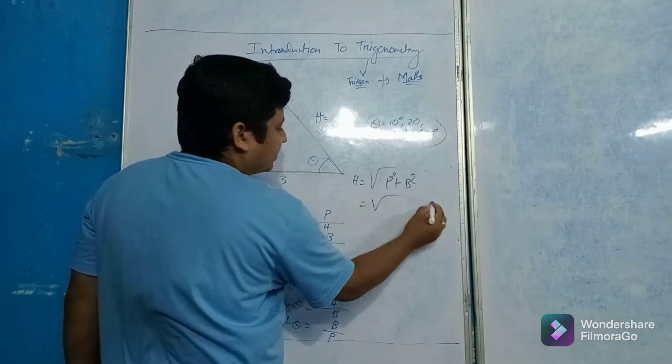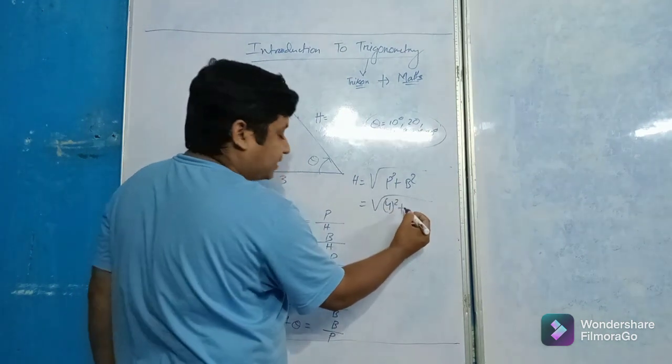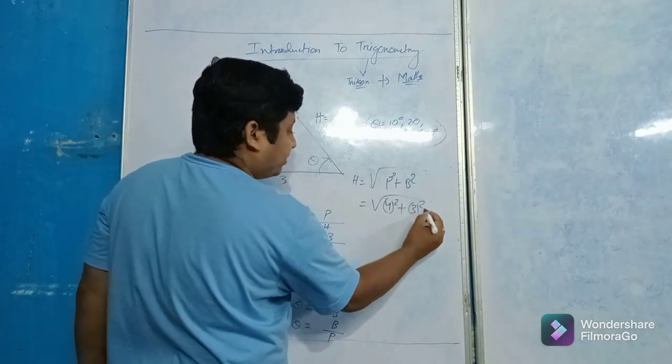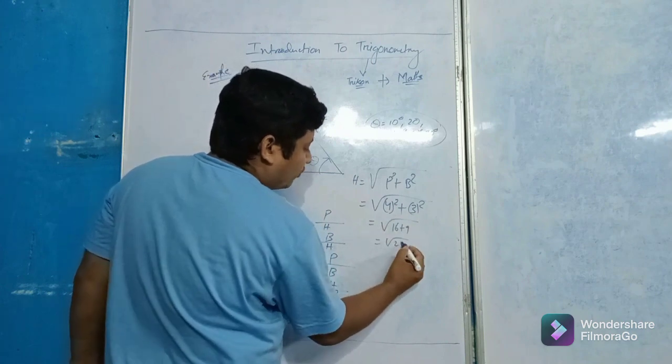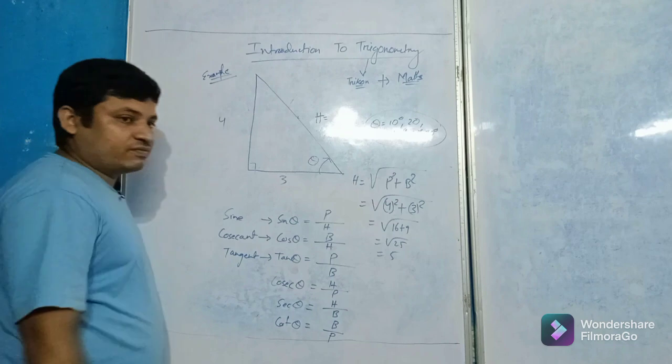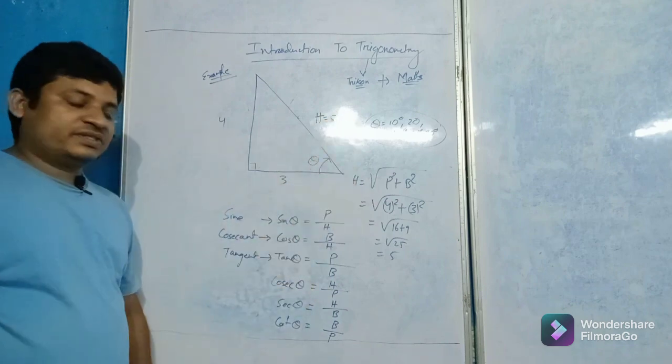So this can be written as 4 square plus 3 square. It is 16 plus 9 equals to 25, root over, 5. So this value comes 5.